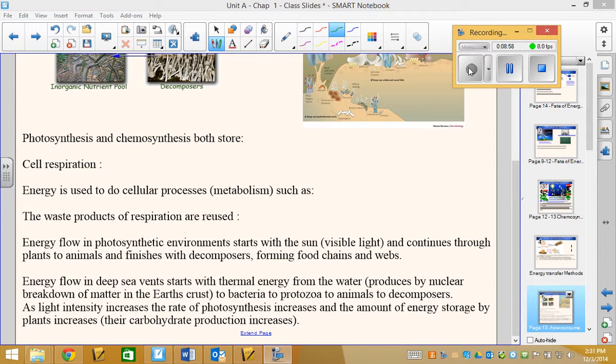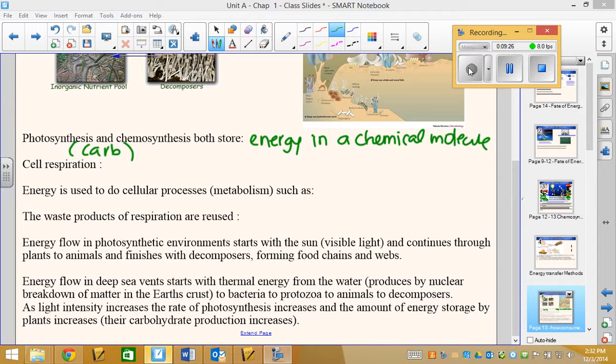So if I could summarize what's happening, both of those processes, photosynthesis and chemosynthesis, both store energy in a chemical molecule. They are both producing a carb. Now we know what carbs are used for.